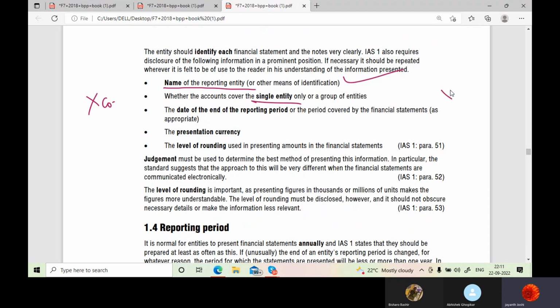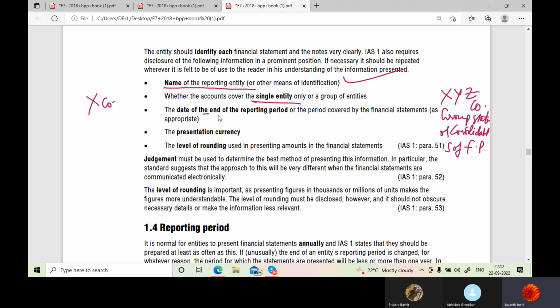If it is a group, it will be written as XYZ group statement of financial position, or consolidated statement of financial position.